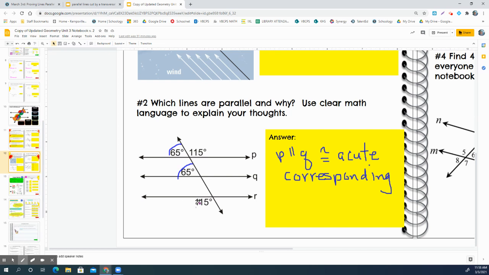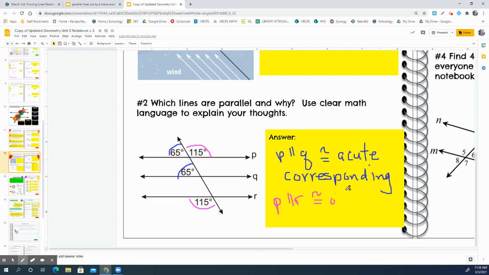R might be parallel. So if we look at the 115s, what lines are parallel because of the 115s? P and R, why? They're also congruent, right? Are they obtuse or acute?